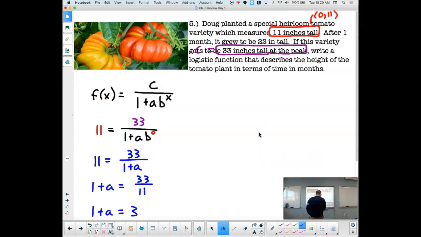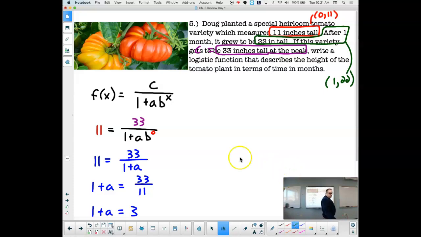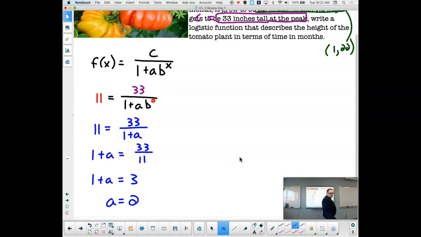Then the last part that we have is the fact that after 1 month, it grew to be 22 inches tall. So it's going to go through the point (1, 22), and we're going to use that to now find our b value, because we have c and we have a already.